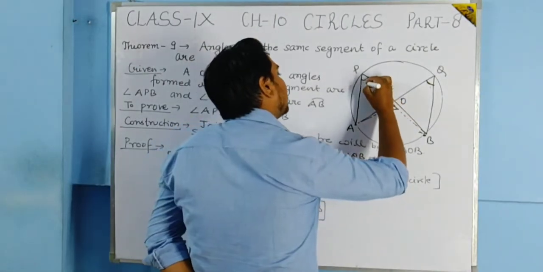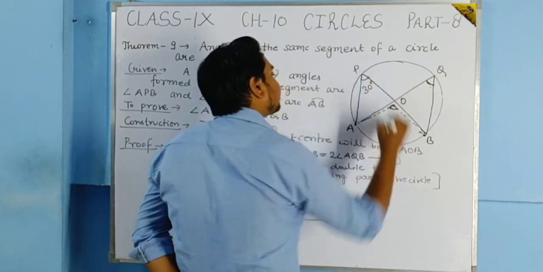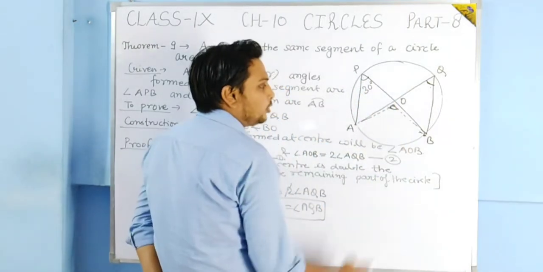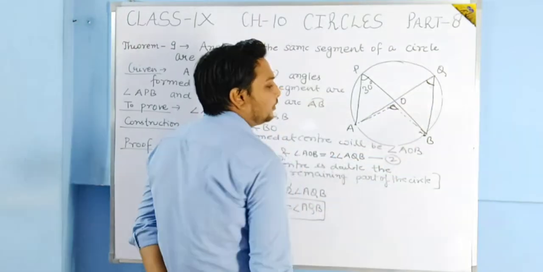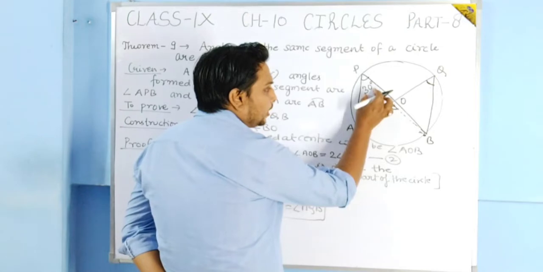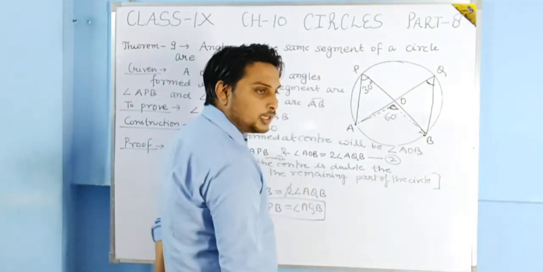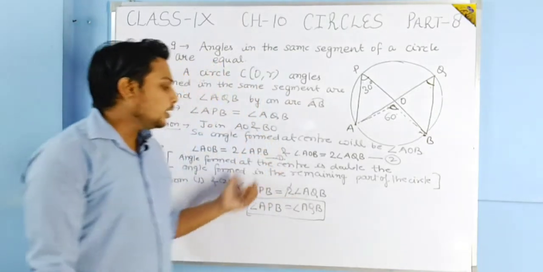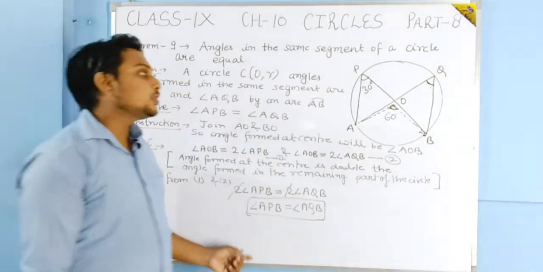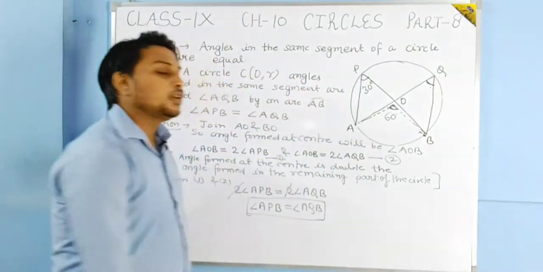Suppose in any question it is given that it is 30 degree, and you have to find this angle and this angle. So we know that if it is 30, then at the center it will be 60 degree. I am just giving you an example. The proof of the theorem is completed here. I am just giving you an example of how to solve the questions of circle.